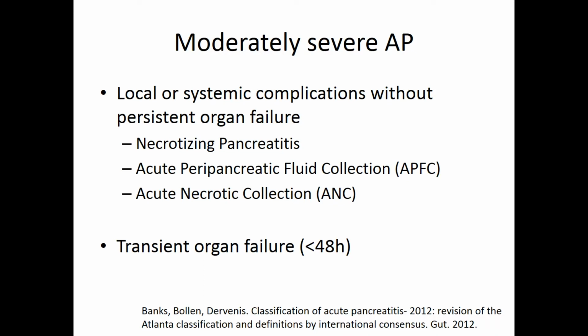So this is acute fluid collection around the pancreas, and also acute necrotic collection involving the pancreas or the peripancreatic tissue, but without the presence of persistent organ failure. Or if they have just transient organ failure lasting less than 2 days without local complication, it will be considered moderately severe. And they have an evolution that's a little worse than mild acute pancreatitis, but better than severe.